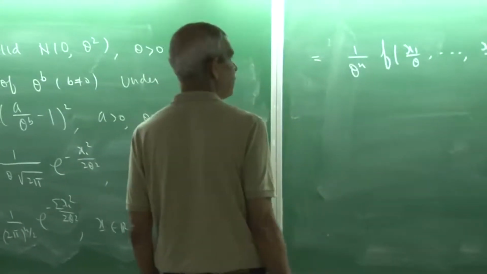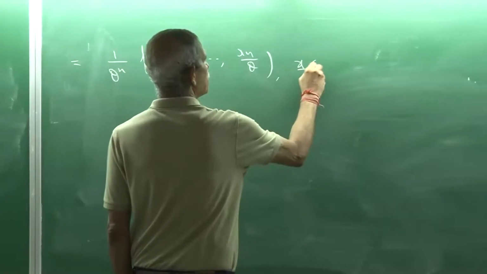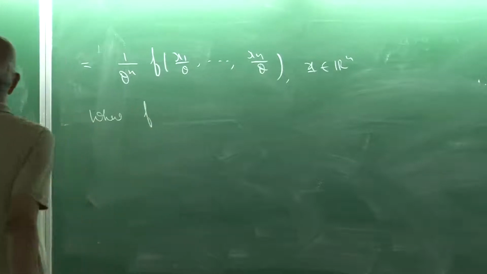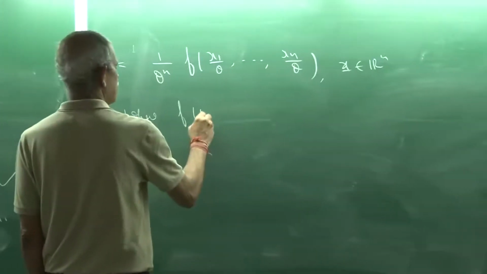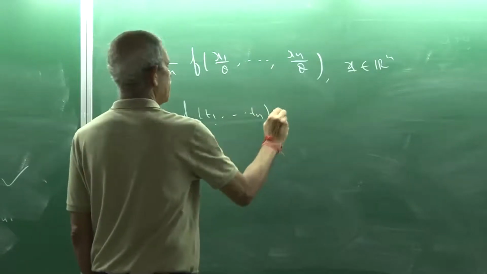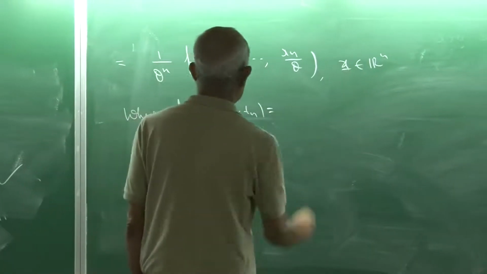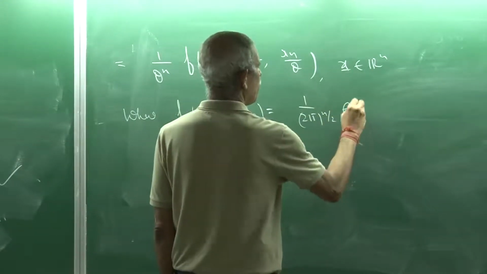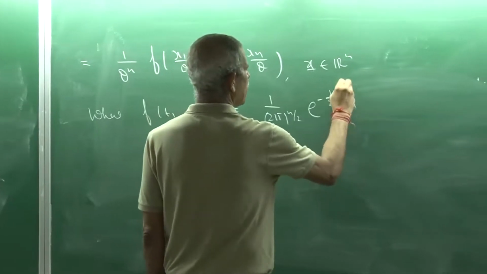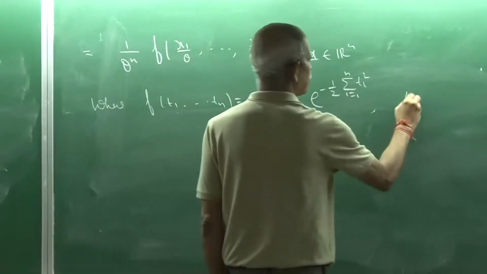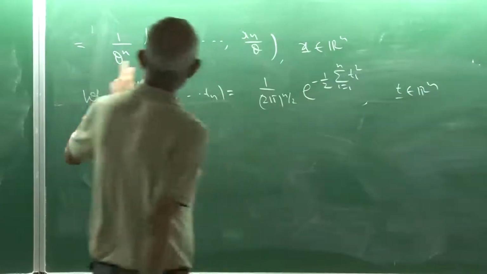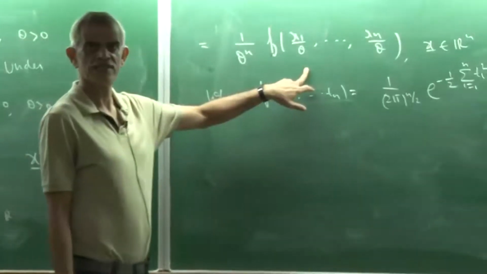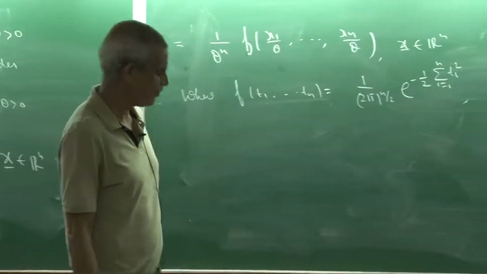where f of t1, t2, ..., tn is nothing but 1 by 2 pi to the power n by 2, e to the power minus 1 by 2, summation i equal to 1 to n ti square. So what you saw is your joint PDF of X1, X2, ..., Xn belongs to a scale family, 1 by theta to the power n, f of x by theta.